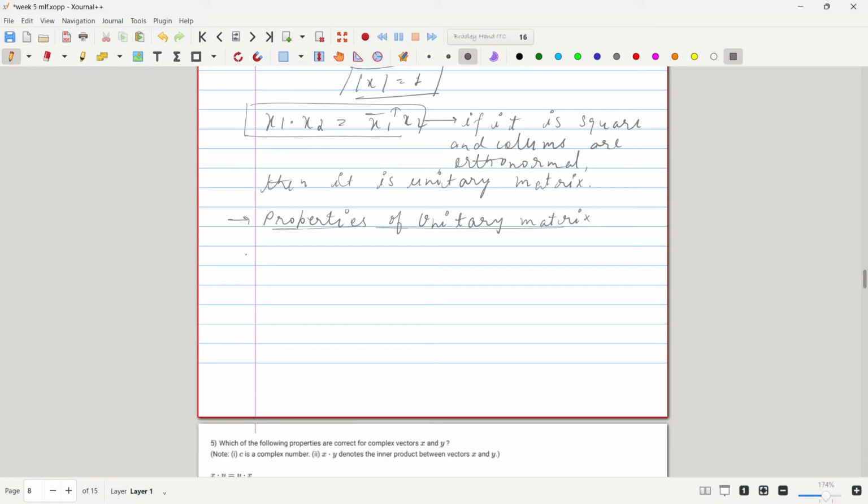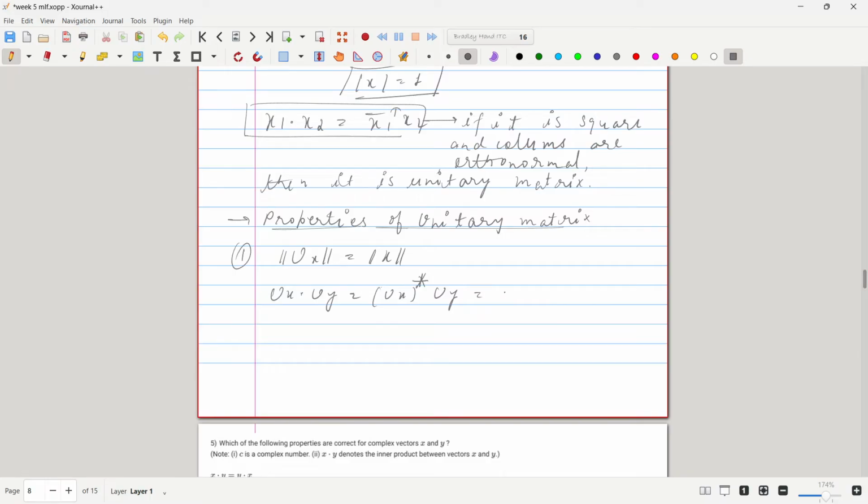That means the first property of a unitary matrix is that the length will be unchanged. Suppose ||Ux|| will be equal to the length of x. How is this possible? Suppose Ux into Uy. If you find the inner product, it is (Ux) conjugate transpose into Uy.